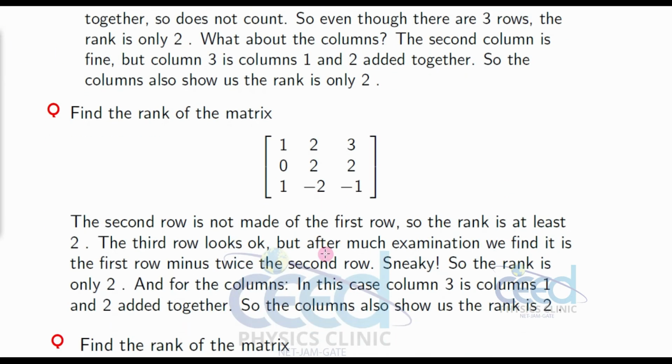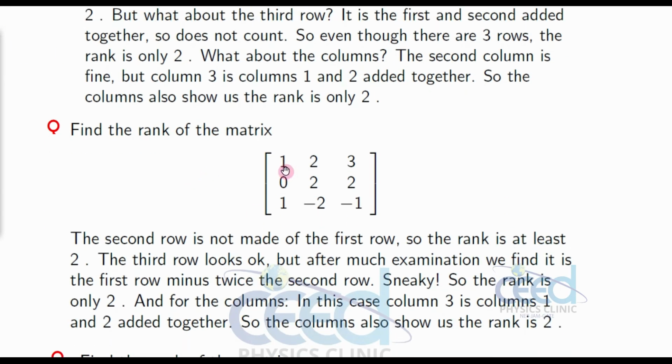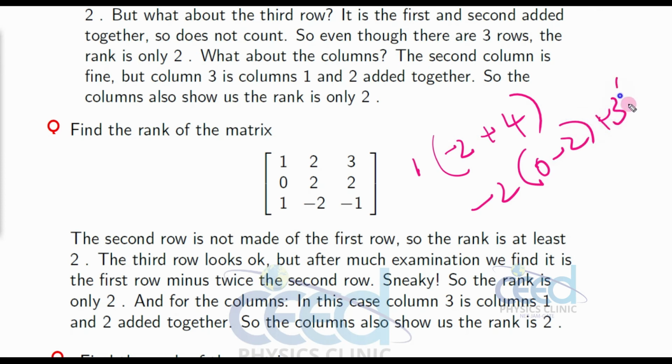Here you have a question: the matrix with rows 1 2 3, 0 2 2, and 1 minus 2 minus 1. Here also you need to calculate the determinant first. So 1 into (minus 2 plus 4), minus 2 into (0 minus 2), plus 3 into (0 minus 2).